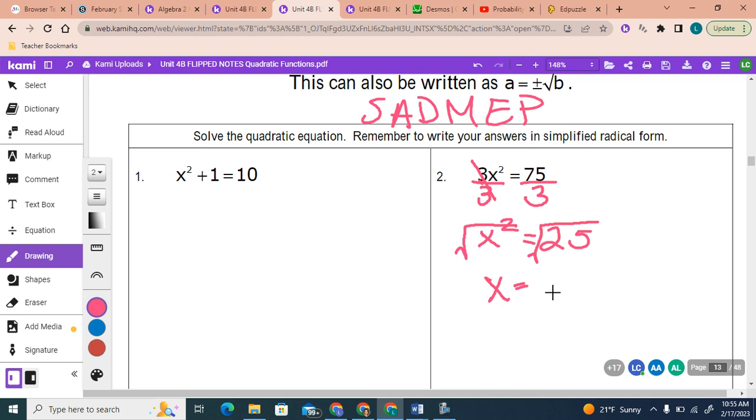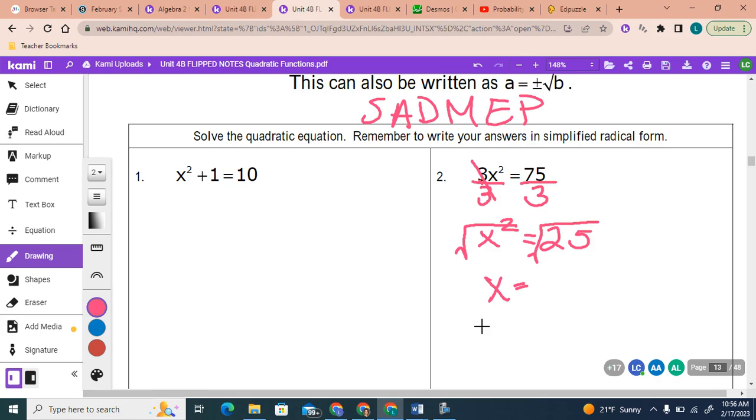5. Now, we have to be careful because what they're saying here is what does x equal that equals 25? Let's think about this for a second. We say 5 because 5 times 5 is 25, but so is negative 5 times negative 5.